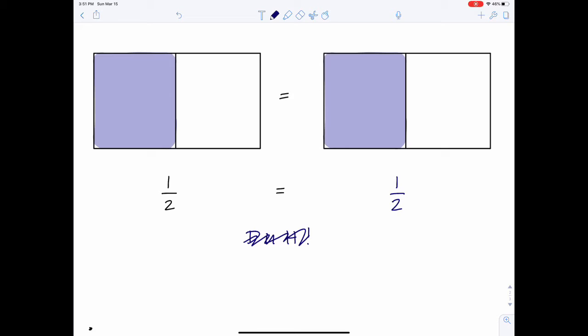And I can find that actually by just multiplying 1 and 1 by 1/2. Now it's not 1/1, but we're multiplying the top and the bottom, or the numerator and denominator, by 1. And we know that 1/2 times 1 on the top, 1 on the bottom gives me 1/2. So 1/2 is equivalent to 1/2.